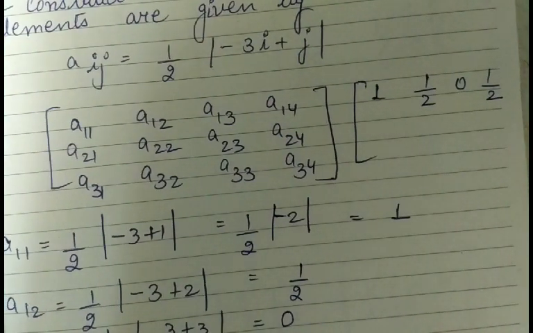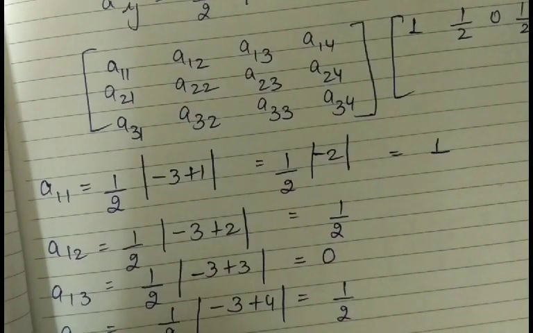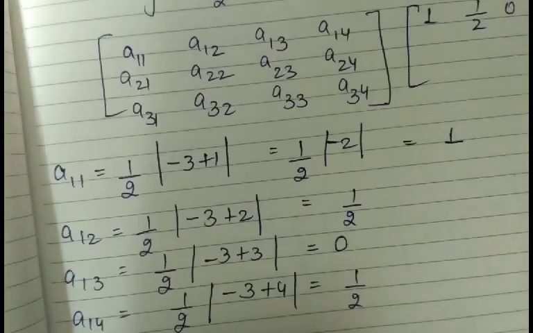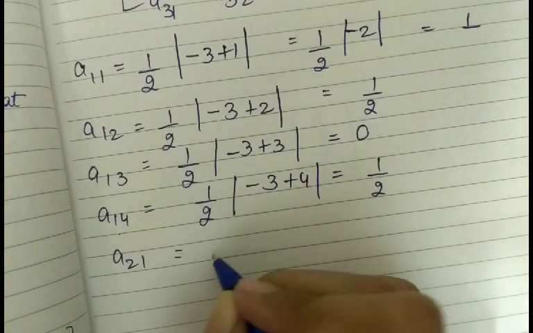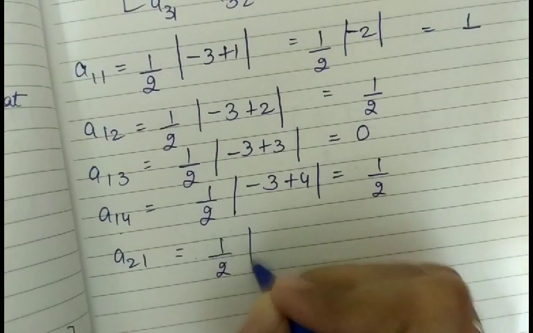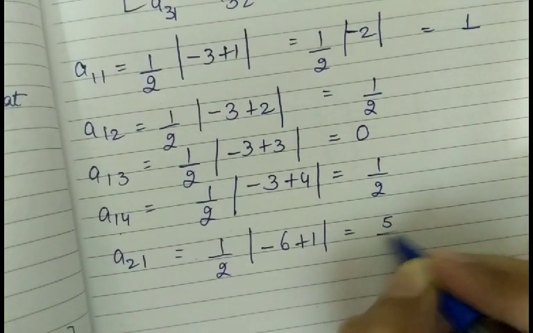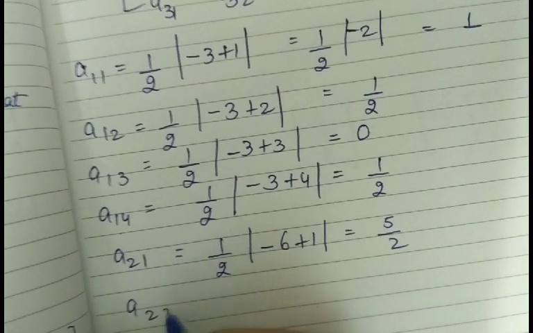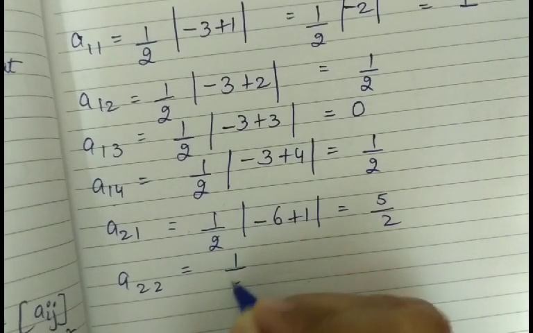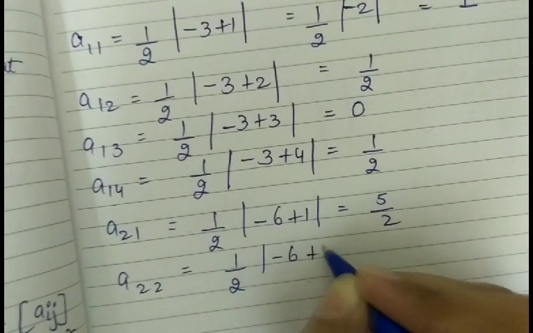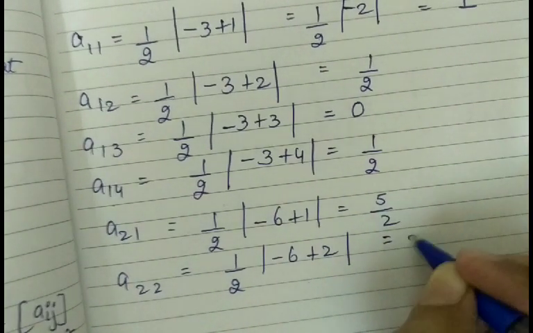Similarly, put the values for the second row, that is A21. When we are putting for A21, it will be half of minus 6 plus 1, that is 5 by 2. A22 will be half of minus 6 plus 2, that will be 2.